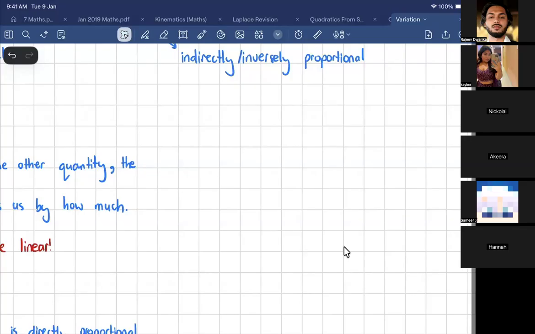Anybody figure it out? Nikolai, McLeod, do you know the difference between directly proportional and proportional? Yeah, there's a very slight difference.